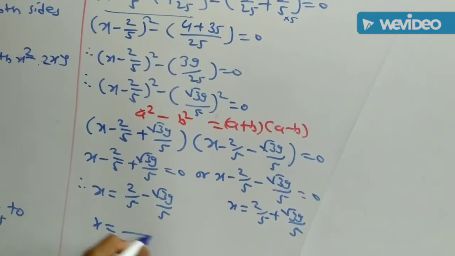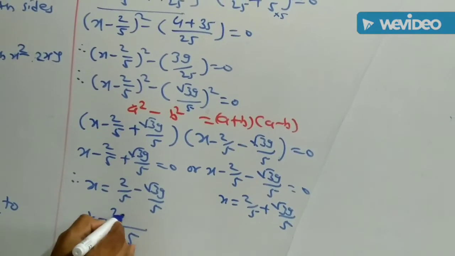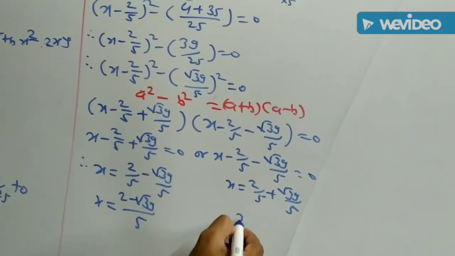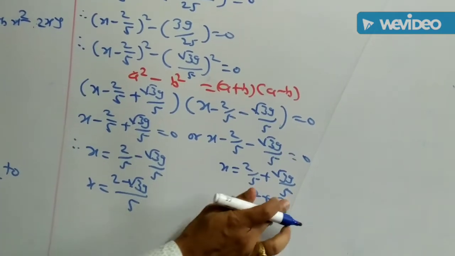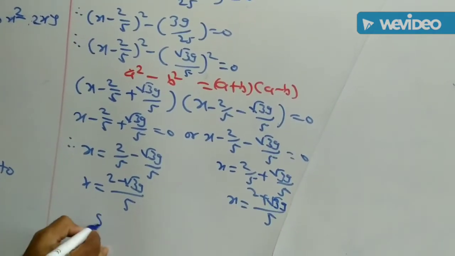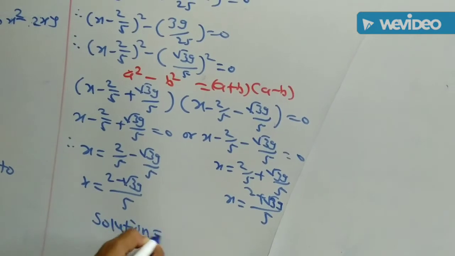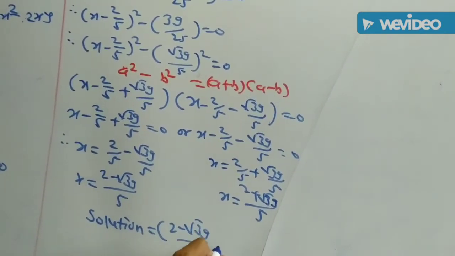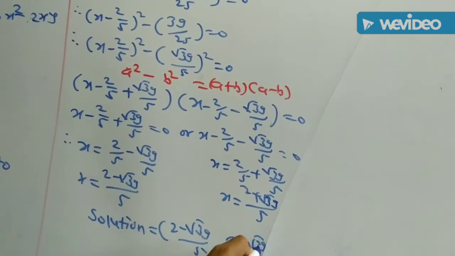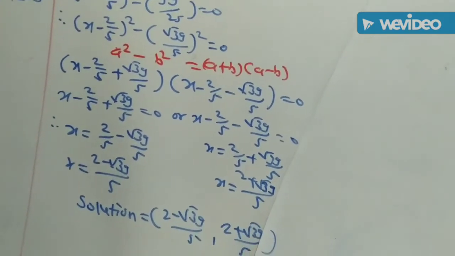Now the denominator is the same, therefore write it one time and take the numerator. Here 5 plus 2 root of 39, and therefore the solution of the equation is 2 minus root of 39 upon 5 and 2 plus root of 39 upon 5.